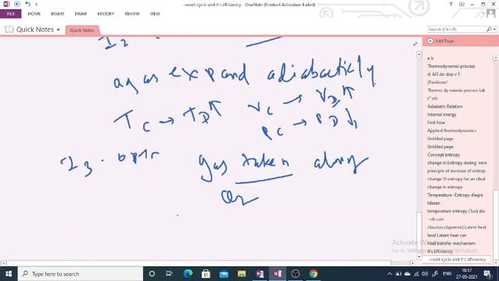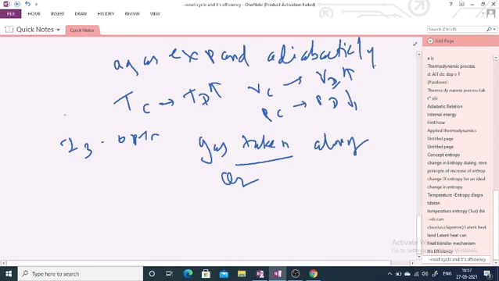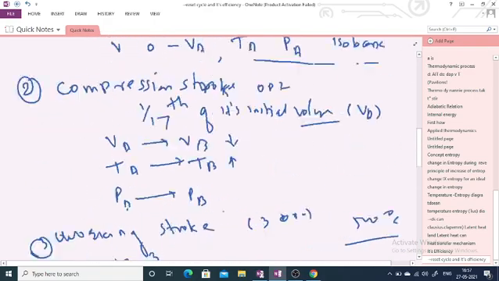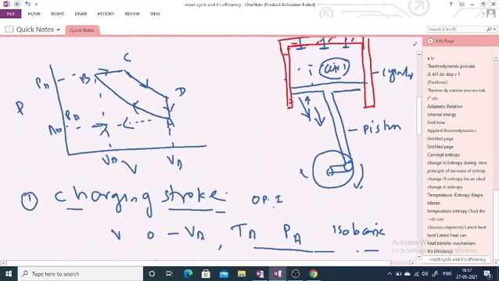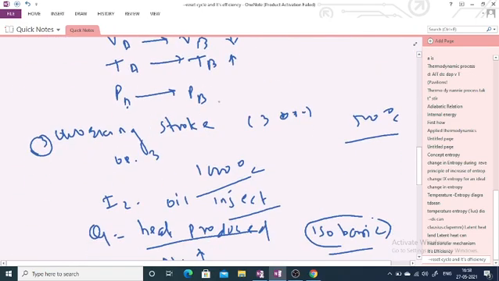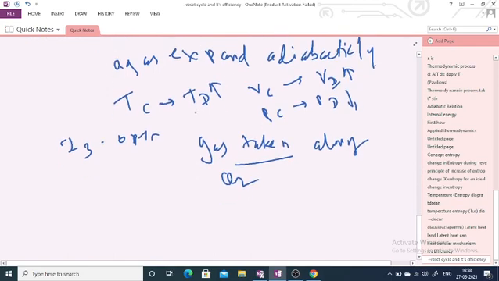Due to this, the volume remains constant. So the change of state can be represented by the curve DA. By opening I3, temperature falls and pressure falls at constant volume.